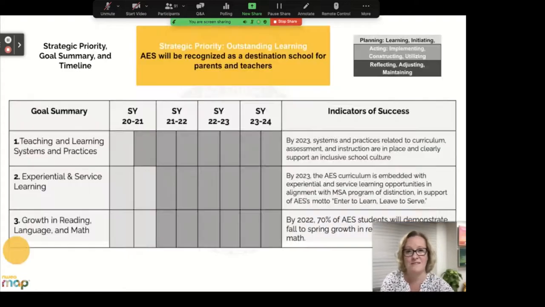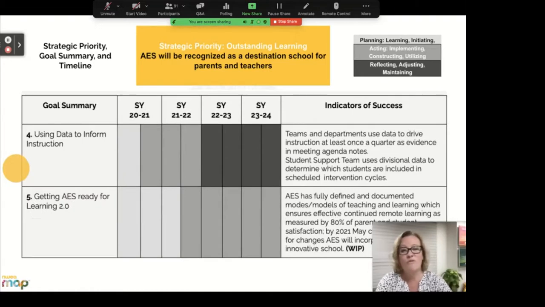Now, as I mentioned, MAP is not something that is new at AES. Our school board has defined strategic priorities around learning. We want to ensure that we have growth in reading, in language, and math for every single student. For number 4 here, we want to ensure that we are using data to inform instruction.